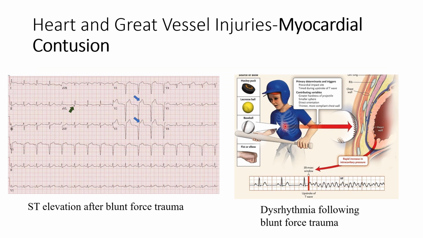So myocardial contusion, again, this is kind of what happened to that football player a year or two back, or at least that's what they assume. A strike there just happens to land right during the upstroke of the T wave, and we get basically the partial repolarization of the cardiac tissue, which causes the heart to go into VFib, because some of the tissue is repolarized while some of it is not.